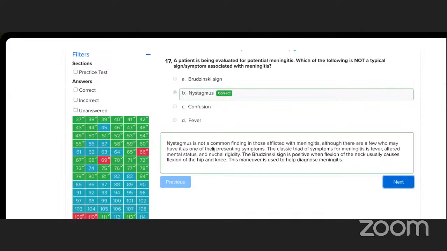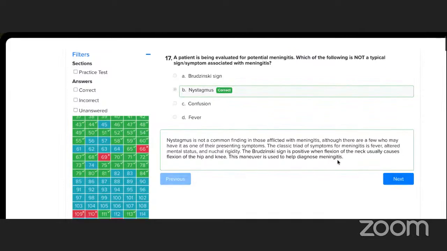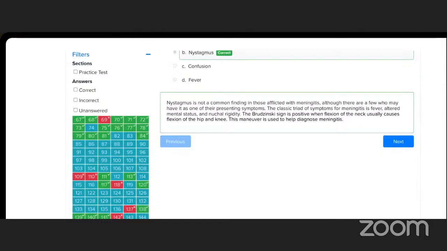We'd have to look up what nystagmus is. It's not common. The classic triad of symptoms for meningitis is fever, altered mental status, and neck stiffness. The Brudzinski sign is positive when flexing the neck causes flexion of the hips and knees. This maneuver is usually used to help diagnose meningitis. It's not common.